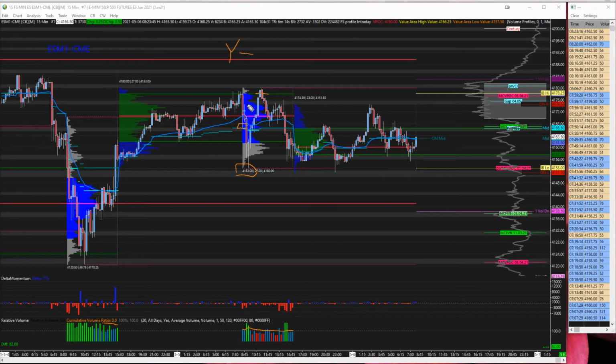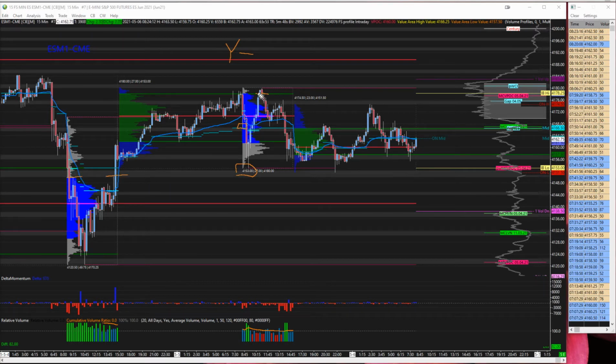This is where I entered long and was stopped out. So we continued lower to the stop zone at 51, which is also a bit of a support.